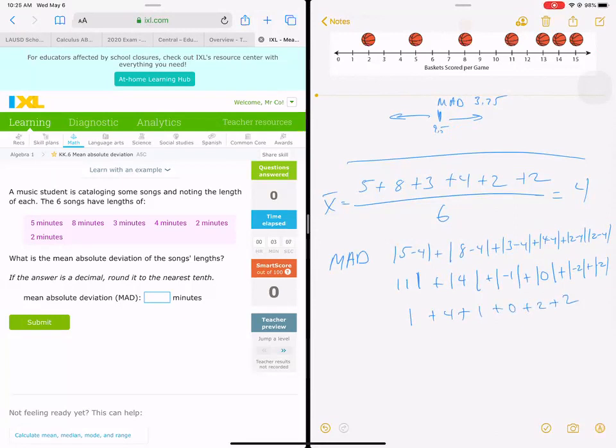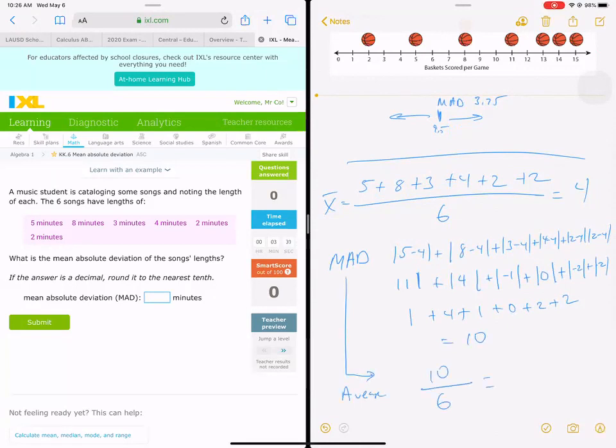You can add this all up. 1 plus 4 is 5, plus 1 is 6, plus 2 is 8, plus 2 is 10. So when I add up all the deviations, all the changes, we end up with 10. And to find the MAD, the average, we take that number and divide it by 6.